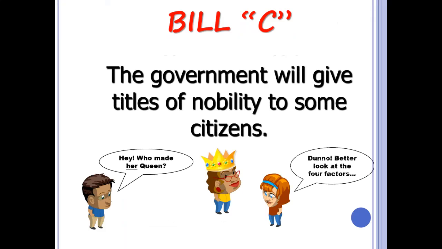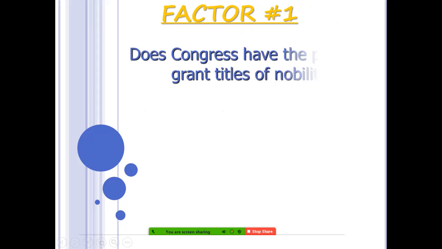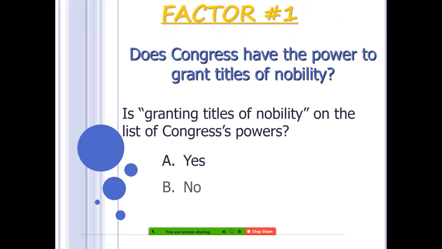And the final one, Bill C, we'll continue filling this out. The government will give titles of nobility to some citizens. And that's things like Your Majesty or the Duke or Duchess, Prince, Princess. Does Congress have the power to grant titles of nobility? Is granting titles of nobility on the list of Congress powers?